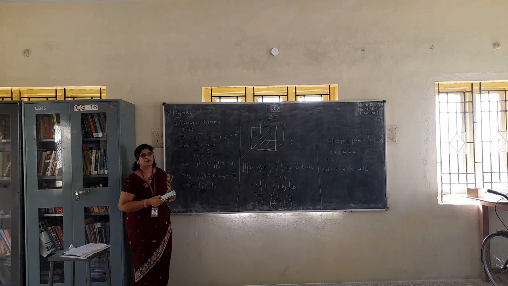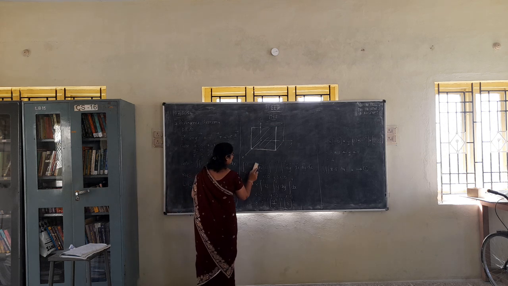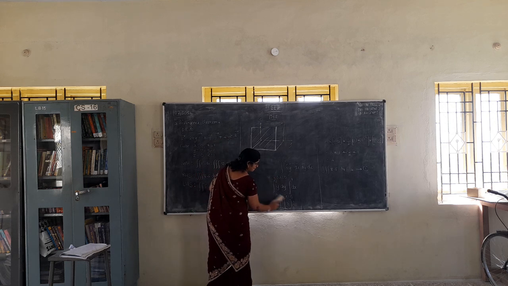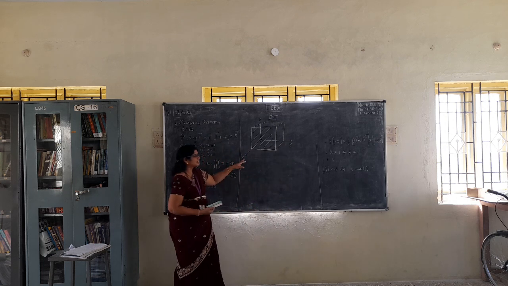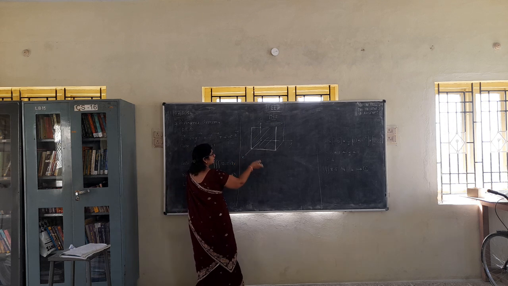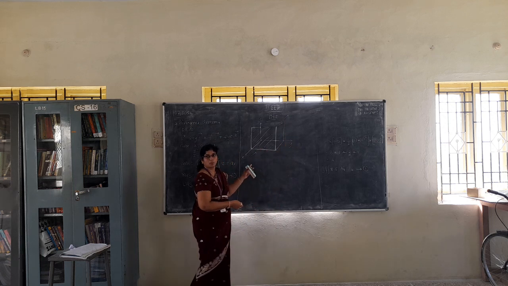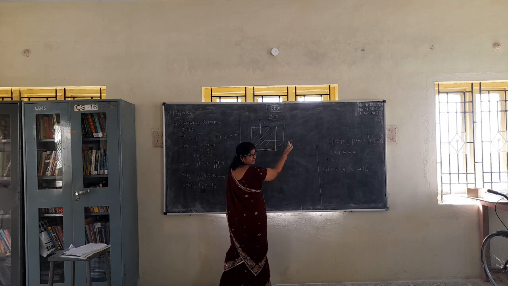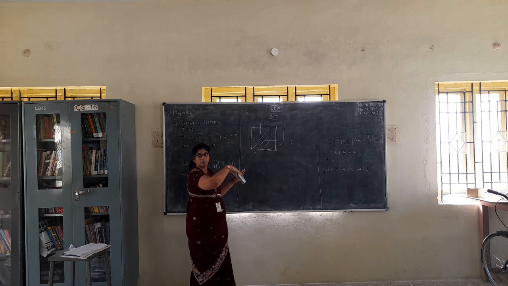Then the back surface. For a cube, you will be having surfaces. X has two sides. Looking from the X axis, this is the front side and this is the back side. Looking along the Y axis, we get the sides, right and left. Looking along the Z axis, we get top and bottom.